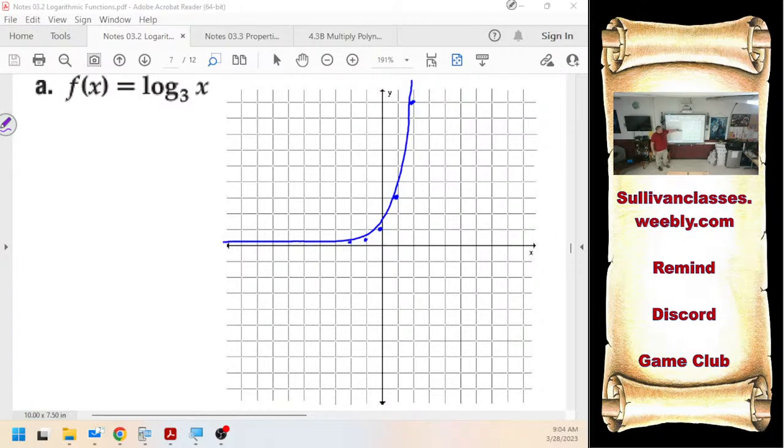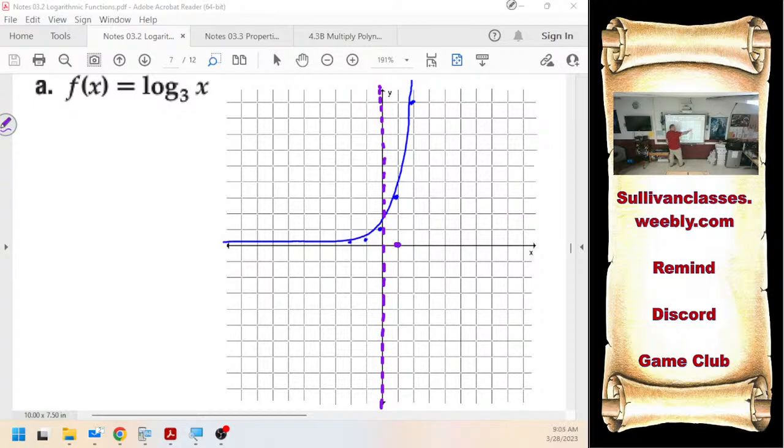Then, if that's 3 to the x, its evil twin, the inverse, if there was a horizontal asymptote at y equals 0, now there's going to be a vertical asymptote at x equals 0. If there was a point 0, 1, now there's a point 1, 0.